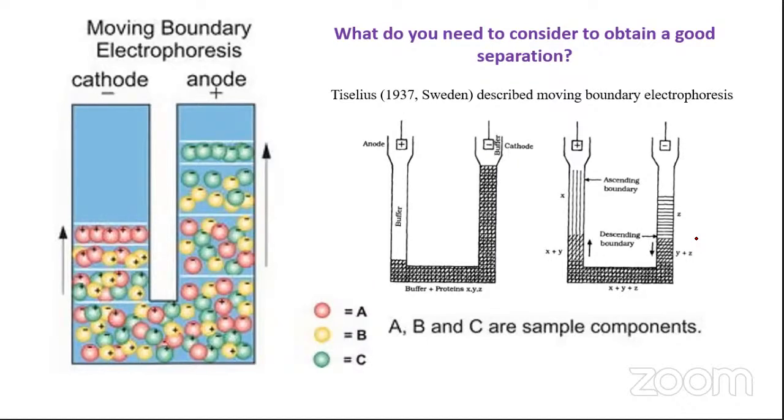So is it not a problem in the case of zone electrophoresis? Or can you get rid of this problem right here in moving boundary electrophoresis? That's not a point of concern at all in zone electrophoresis.